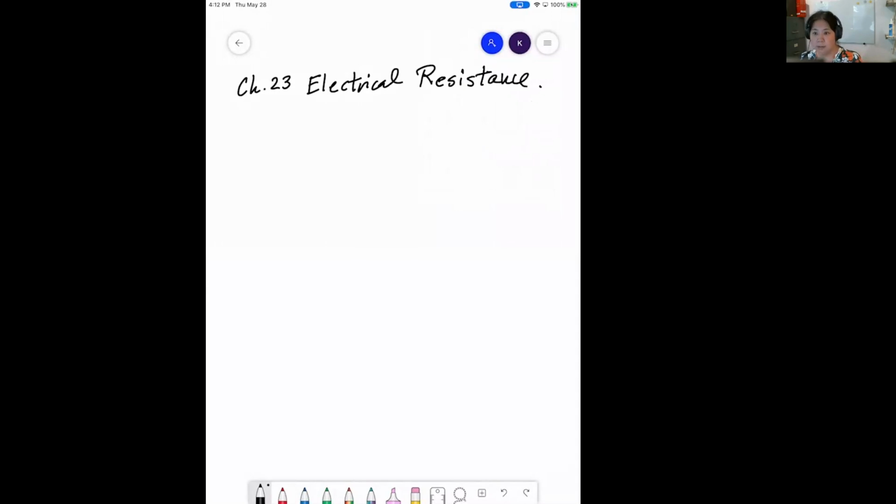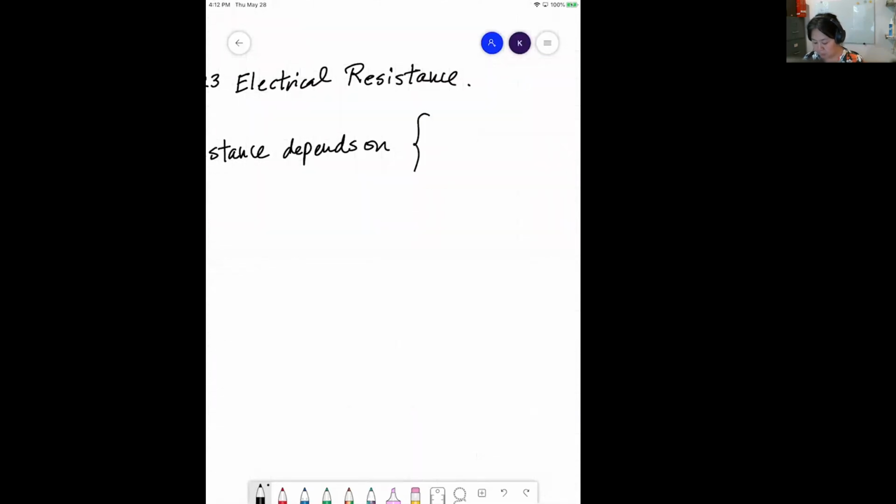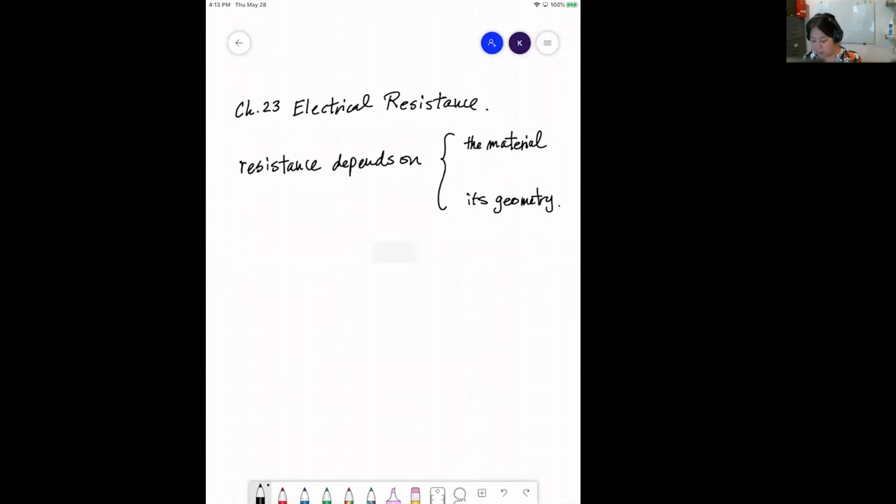Again, electrical resistance depends on two things: the material and its geometry. It is also true that it depends on the temperature and all that too, but typically it depends on the material and its geometry.